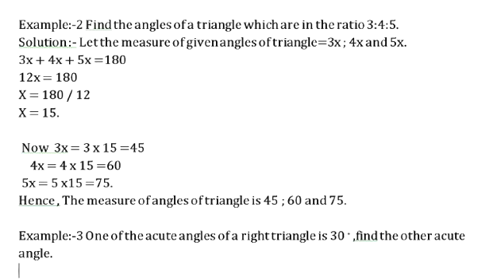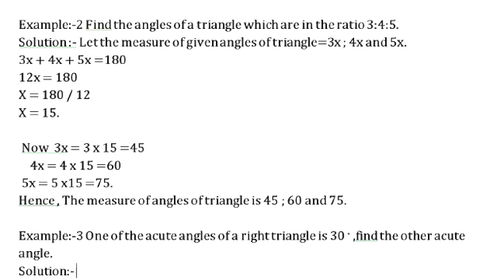In a right angle triangle, last day you wrote down notes. In those notes, you wrote one point: in a right angle triangle, the sum of the two acute angles is always 90 degrees. One acute angle is given as 30 degrees. Find out the other acute angle, and the triangle is a right angle triangle.